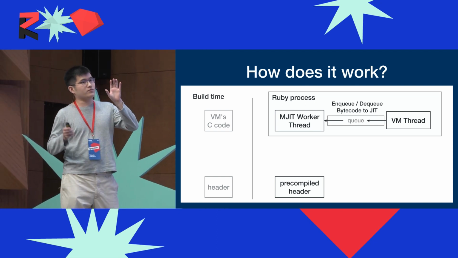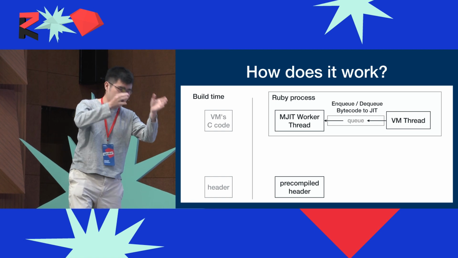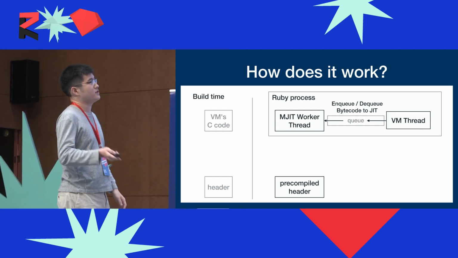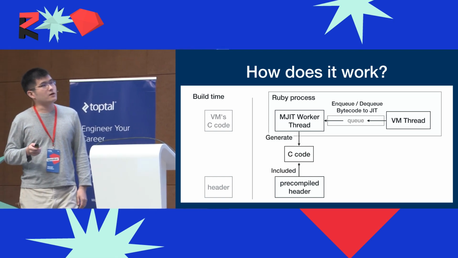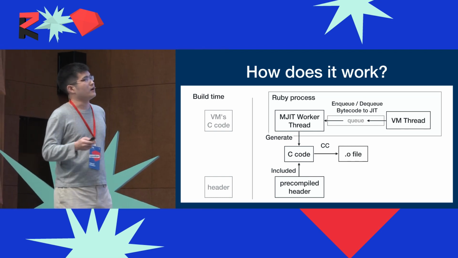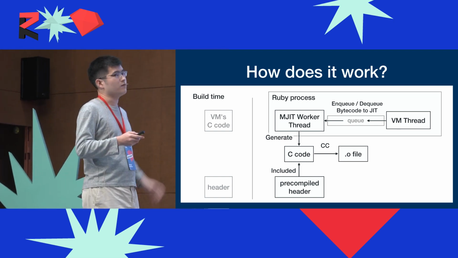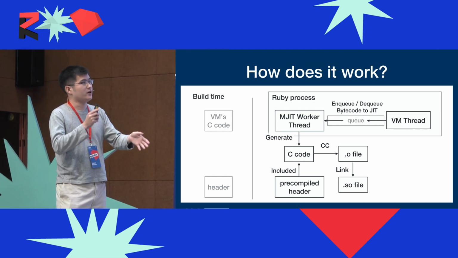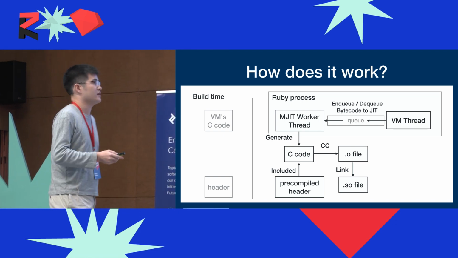And the MJIT thread waits for the compilation queue to have frequently executed methods. When it finds a very hot method, it generates C code and dynamically executes a C compiler to generate a .o file, and then links it with libruby and native C, libc, and things like that.